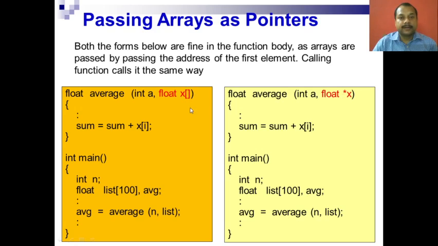Please note that the dimension of the array inside the square bracket is not important, because by looking at this square bracket the compiler will understand that it will store the address of some array variable. By address I mean the base address of the array variable, which indicates the address of the 0th element.